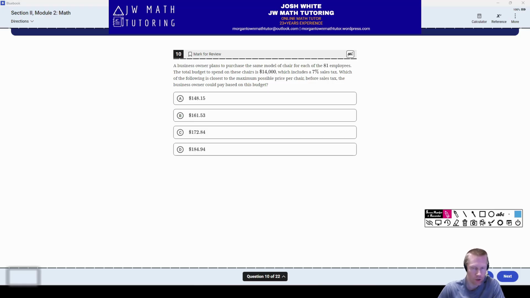So the equation you're setting up here is you have 81 people, and then you have the price of the chair, let's say x. But then you have to account for sales tax of 7%. And then that amount has to be less than or it could be equal to $14,000. So the way you account for the sales tax is you just multiply this by 1.07.